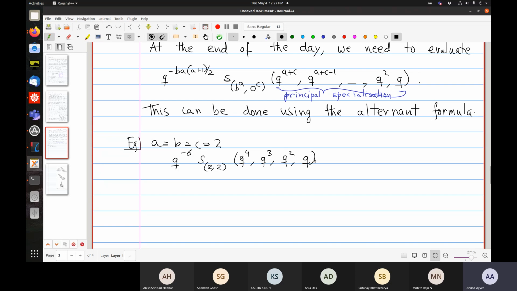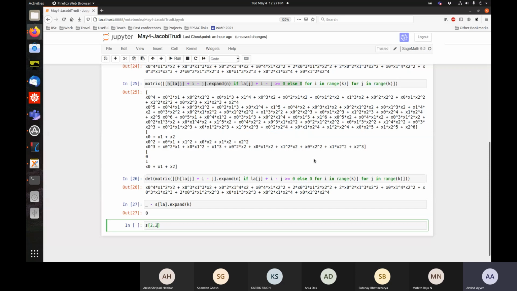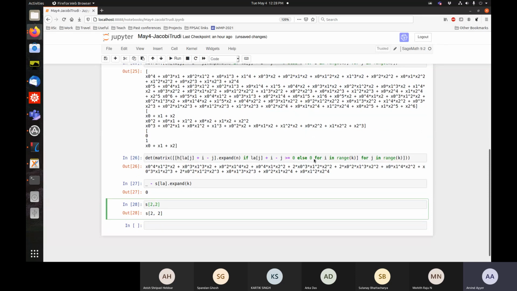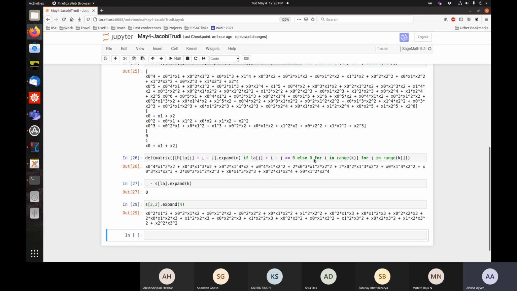So let's see how to do it in Sage. If I do S22, that's okay. Now I need 4 variables. So let's find 4 variables. Okay, it's a mess. Actually, let me see. Sorry, what happened?